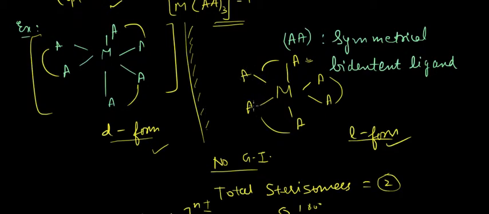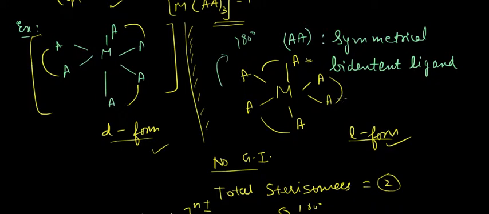This A atom is coming out of the screen, and it is getting bonded with the A coordinating site which is in the minus Z axis. Similarly these two A's are also connected. Now we want to check whether these two are superimposable or not. So let's rotate it upside down by 180 degrees, so that we get something like this structure.